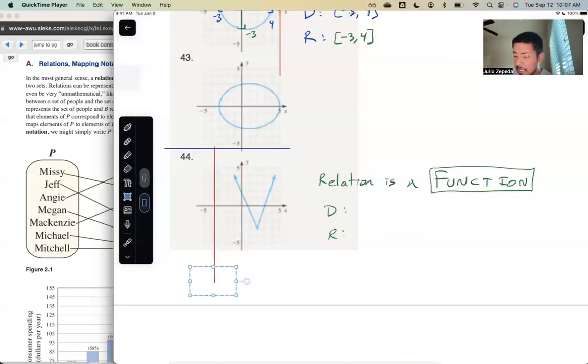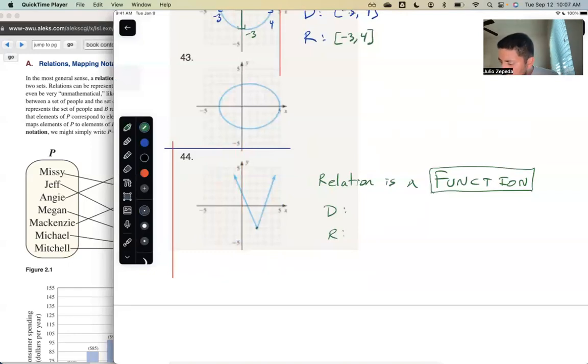And so the domain is going to be, if I were to squeeze this onto the x-axis, this point here would go right here. And then we can see that it would go in that direction. And then this ray here would go right here in that direction. And so the domain is going to be from -infinity to +infinity.